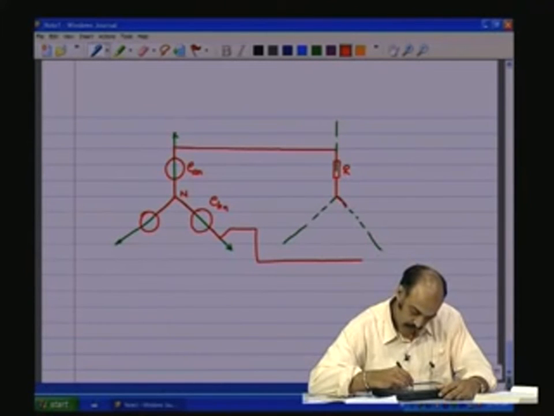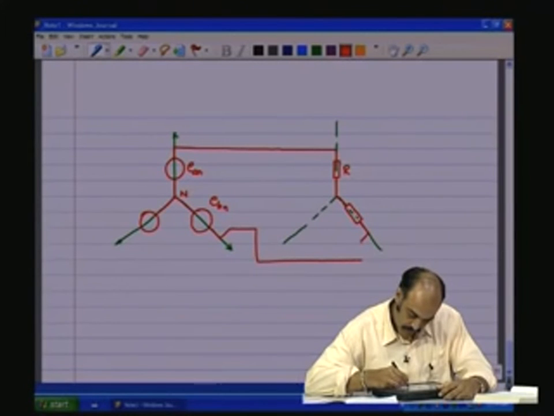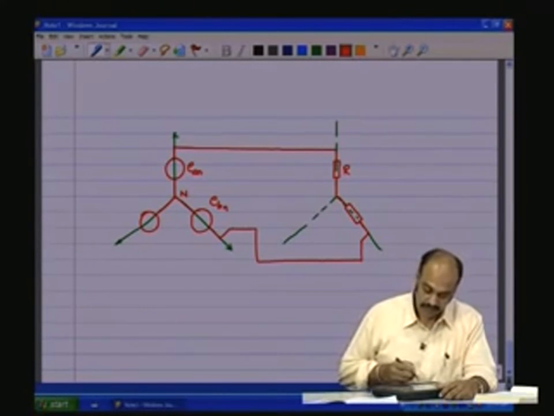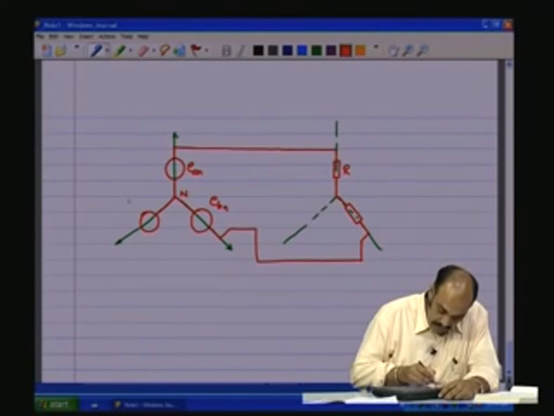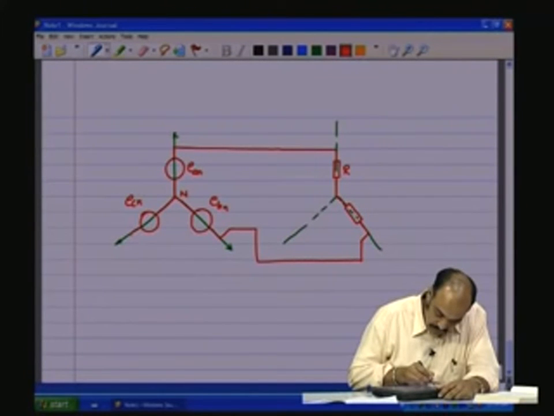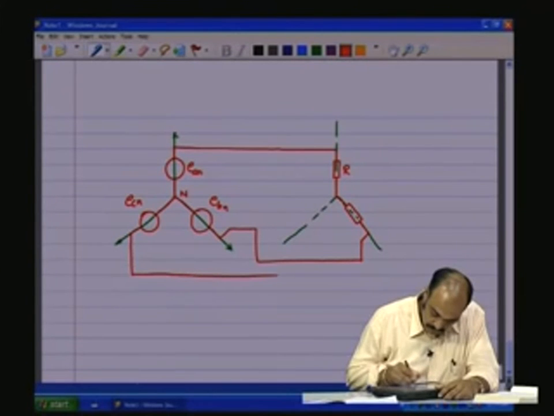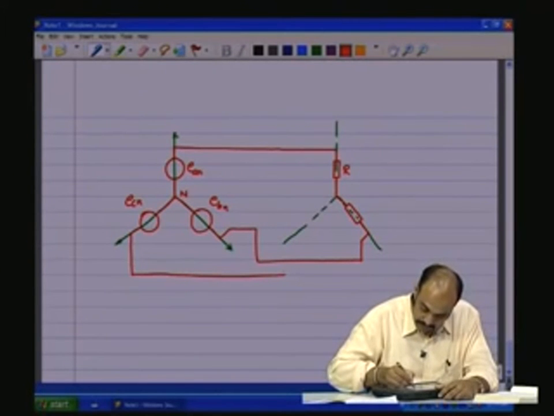So, let me connect this to the B phase load, and then we have the ECN, the C phase source, which is connected to the C phase load R.